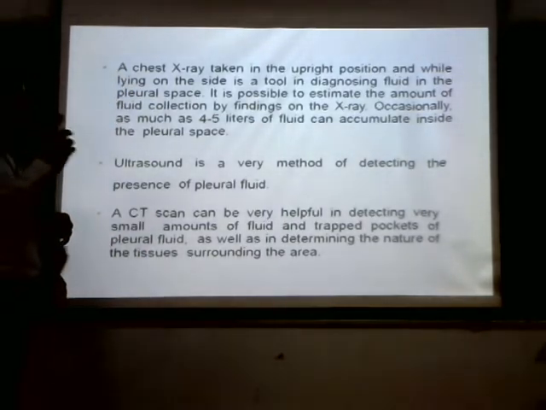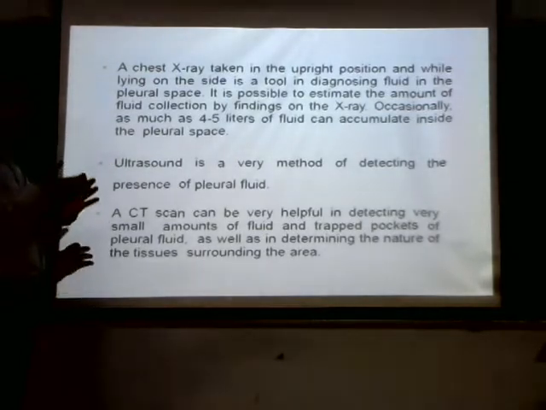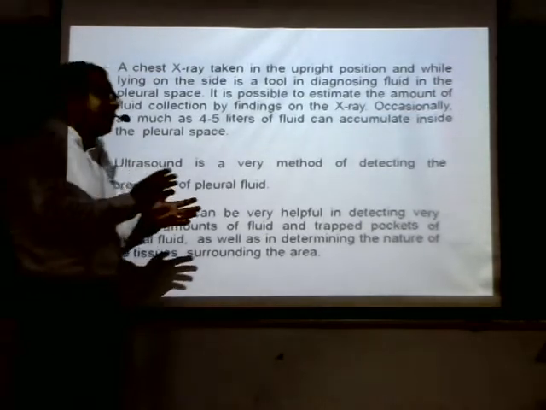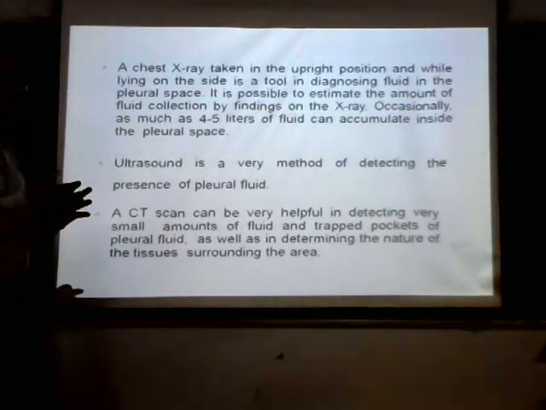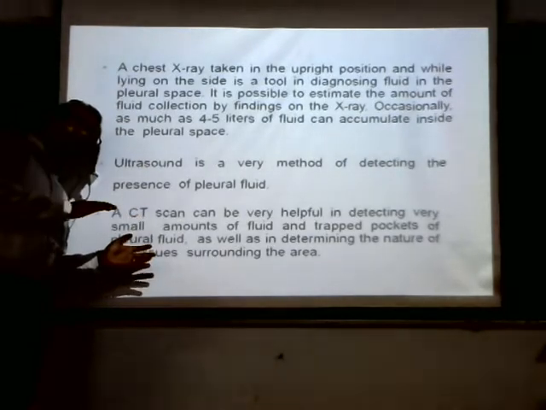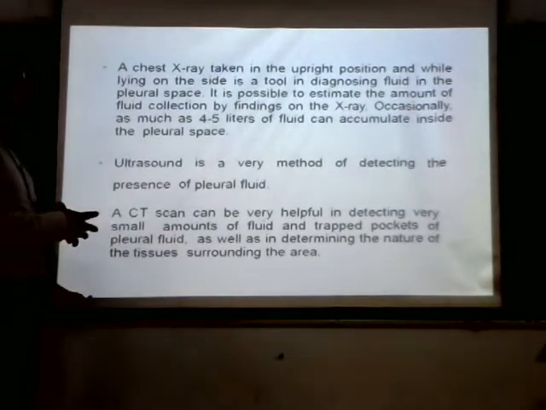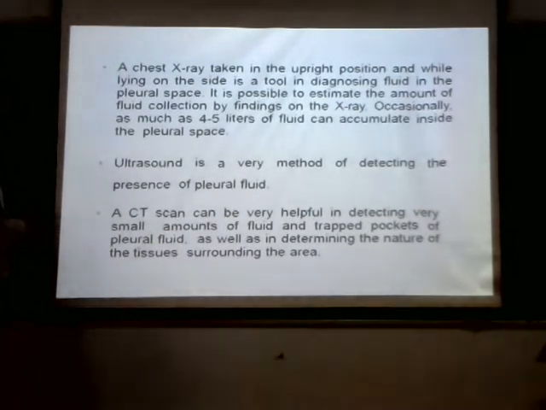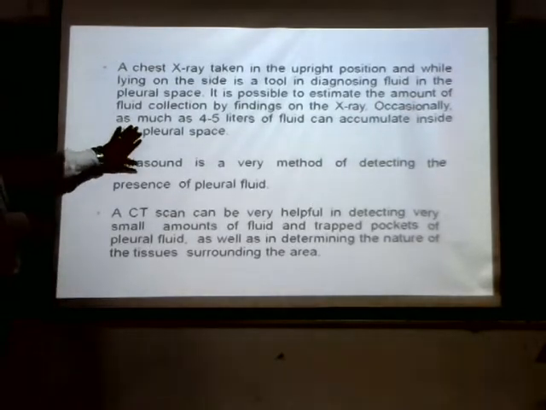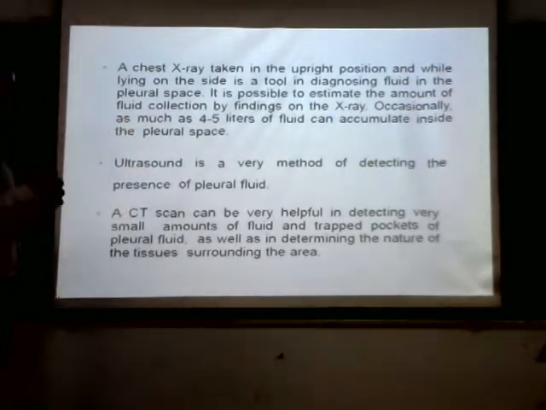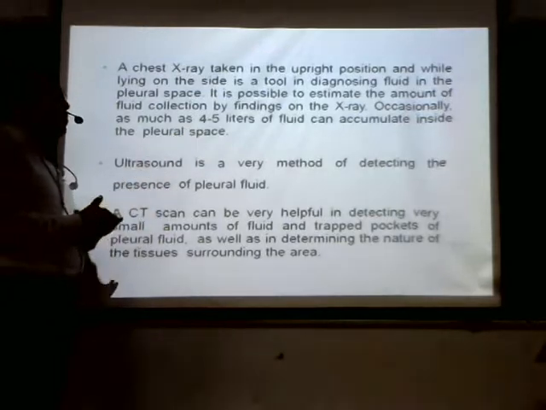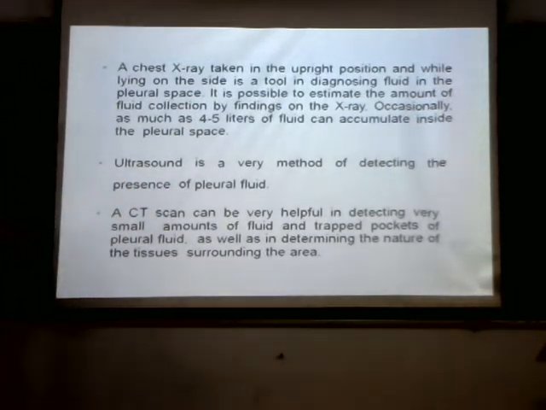Lying on the side will show you exactly where, as the fluid inside the pleural cavity is free flowing; as the person lies down, the gravitational surface will show accumulation of fluid in that particular region. Occasionally, what is the amount of fluid? Around 4 to 5 liters of fluid can accumulate in the pleural space.